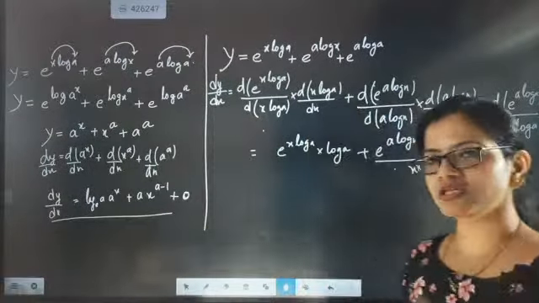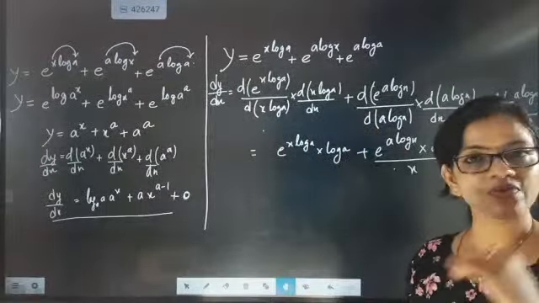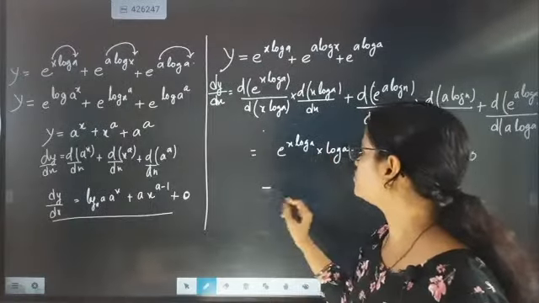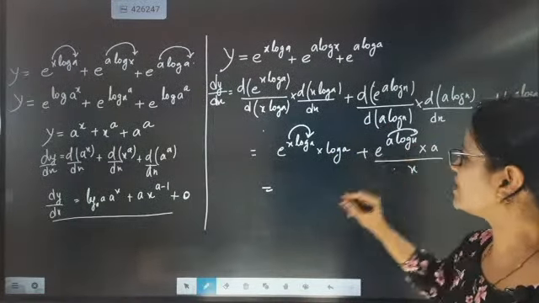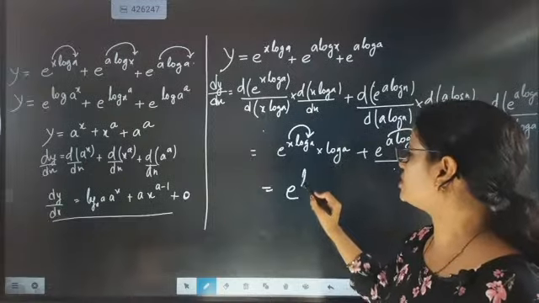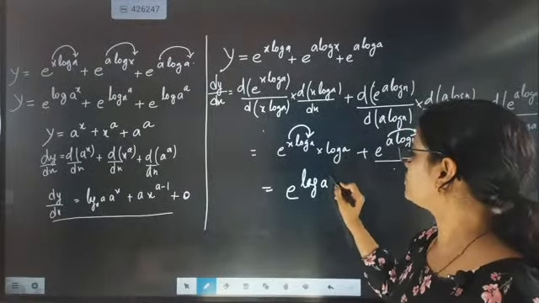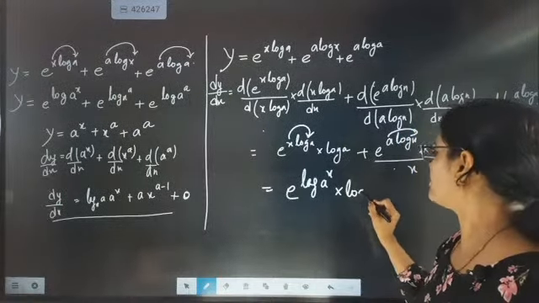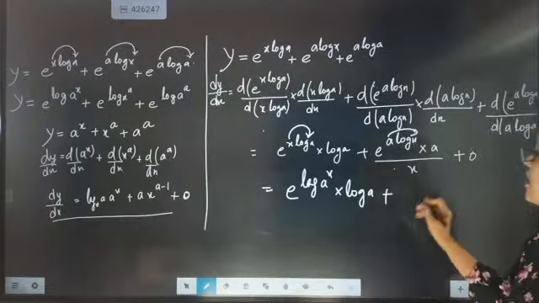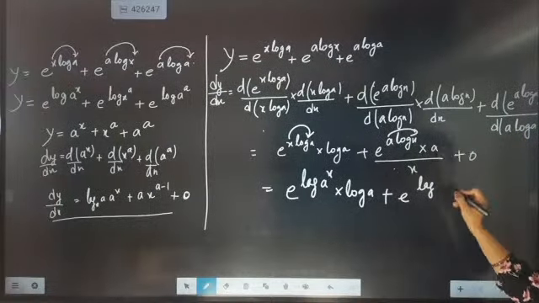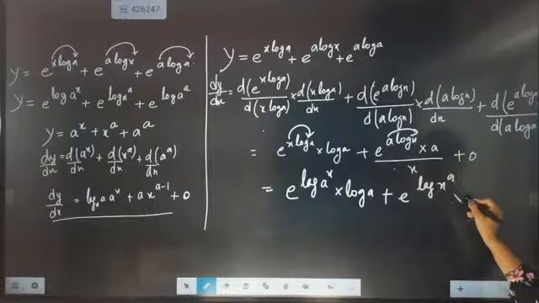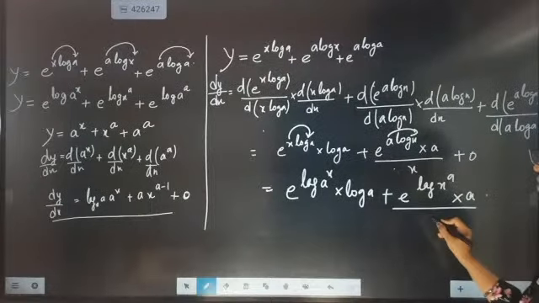Okay, so now let's see that after applying chain rule, did we get the same answer. So now I told you the rule, first you shift here this one, and exactly a you shift on x, so it is going to come as e to the power log of a to the power x into log a. Now plus here e to the power log of x to the power a is coming, and into a is there, and down x is there.